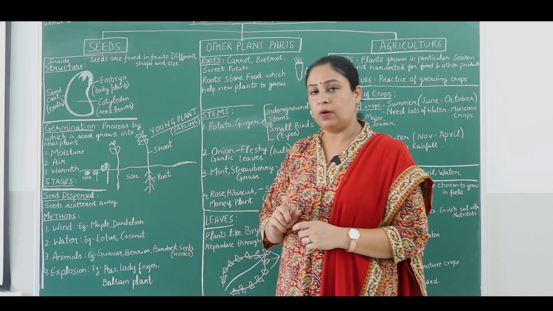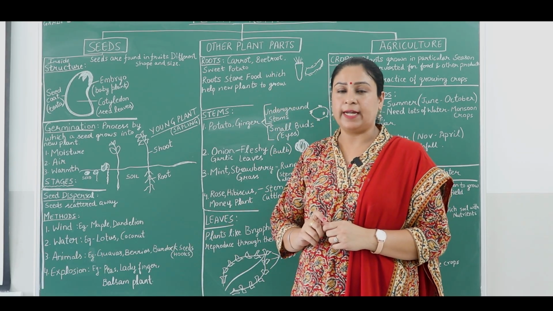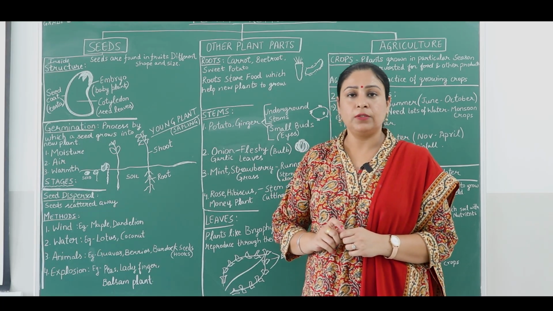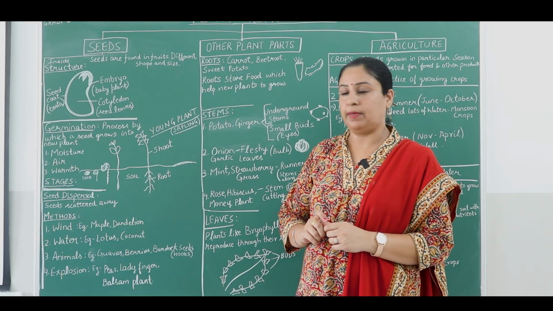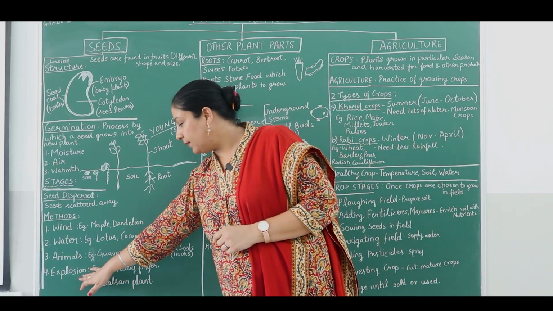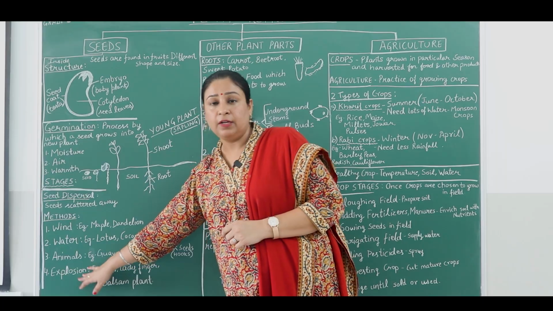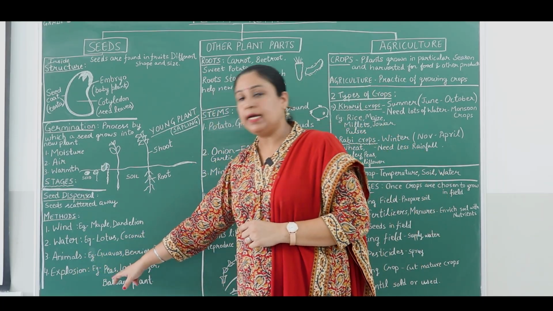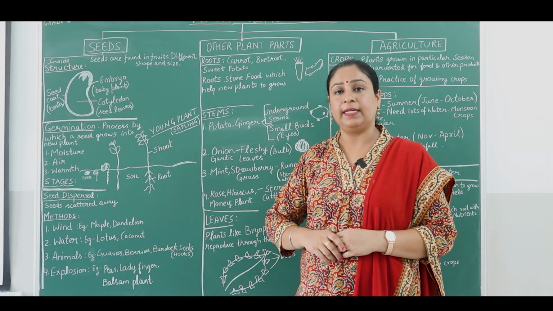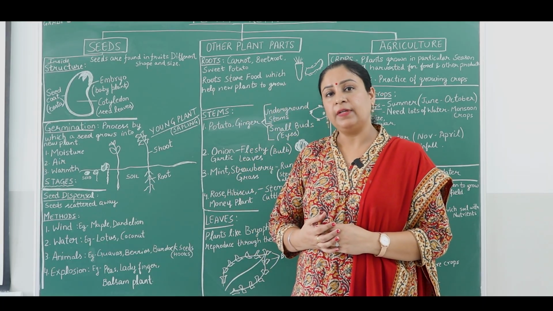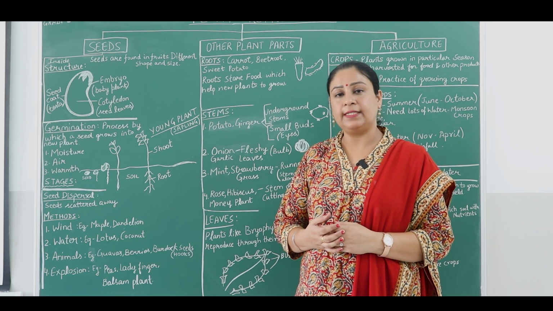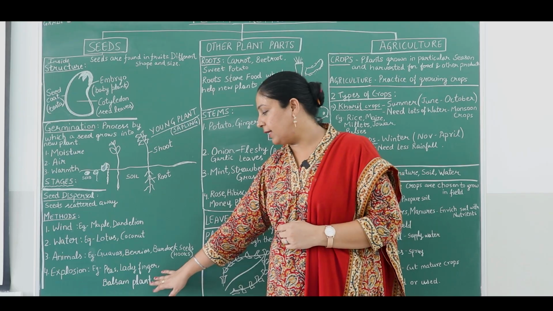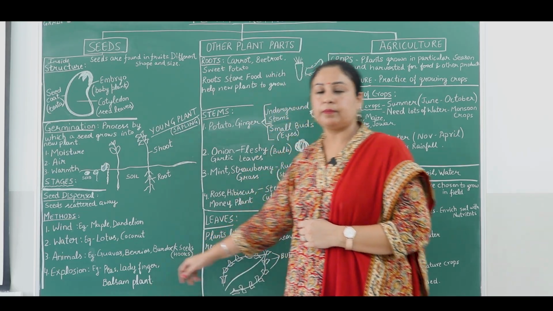They have hooks on their surface which get attached to the fur of animals, and in this way the seeds are also scattered away from the parent plant. And the last method is the explosion method. For example, the seeds of peas in a pod are exploded when it is ripened enough, and in this way the seeds are scattered away. The other examples are that of ladyfinger plant and balsam plant.